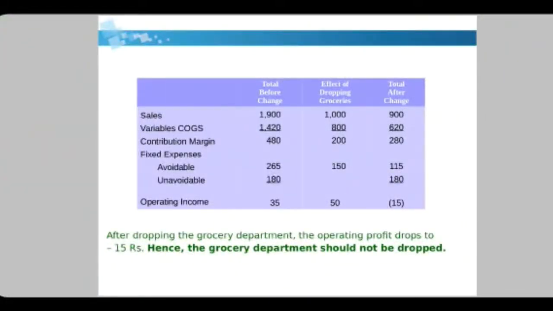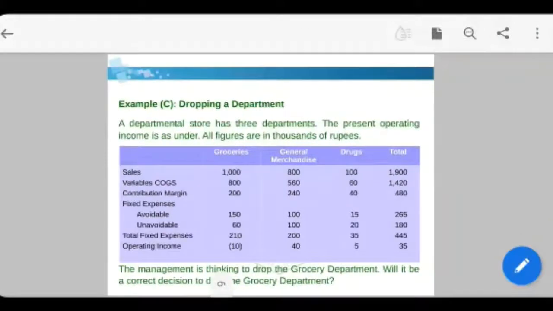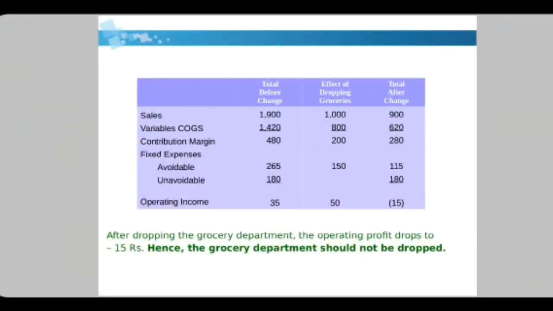The total is given here in the last column. So we will only talk about the total and what happens if we drop the groceries department. The total sales is 1900. Effect of dropping the groceries department: the total sale of the grocery department is 1000. So if we drop it, your total sales after the change will become 1900 minus 1000 equals 900, right?